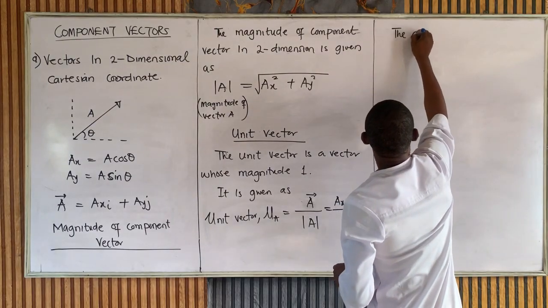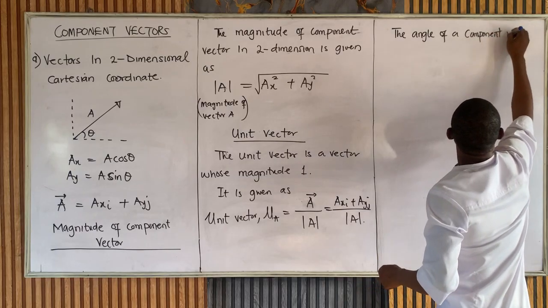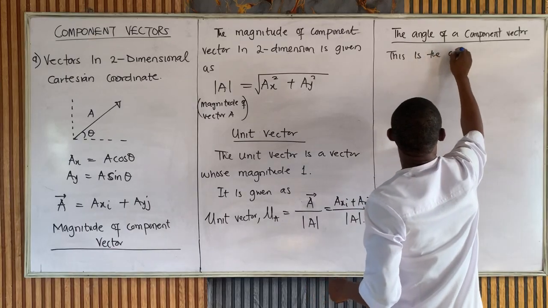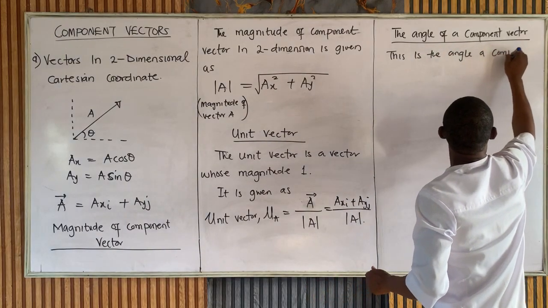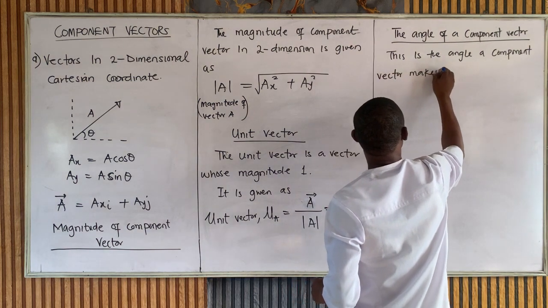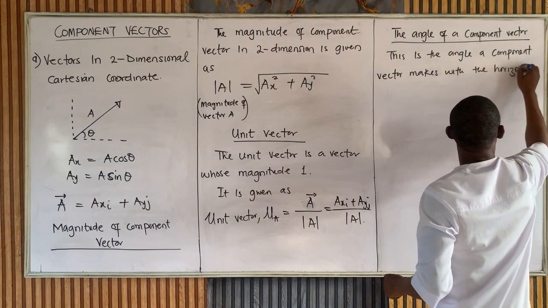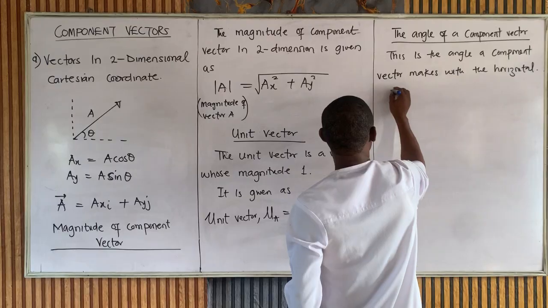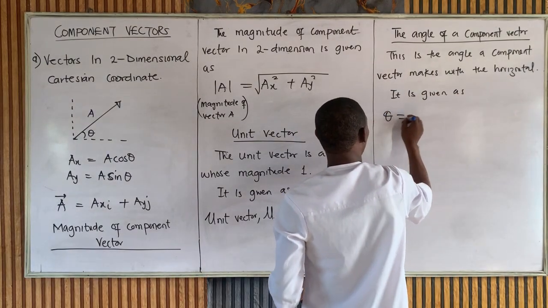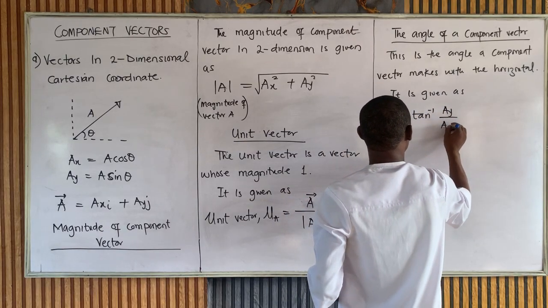The angle of a component vector is the angle a component vector makes with the horizontal, and it is given as theta, which is equal to tan inverse of the vertical component over the horizontal component.